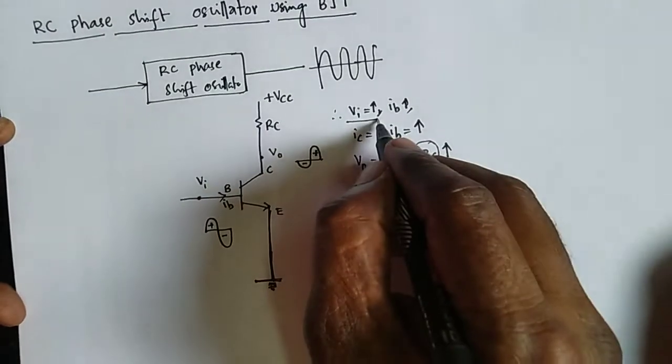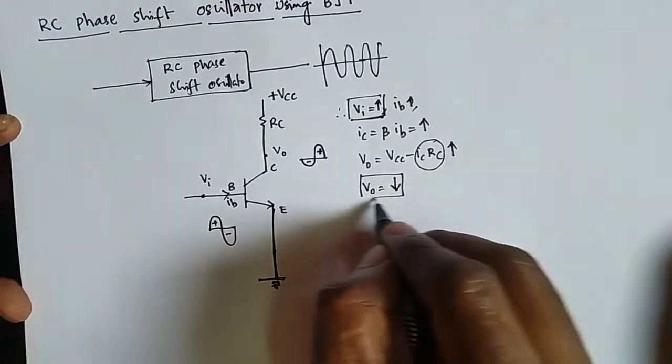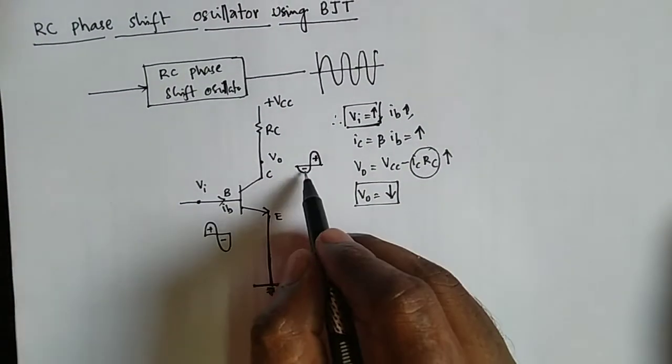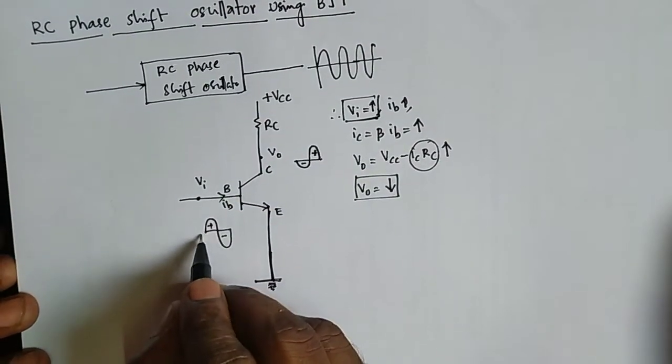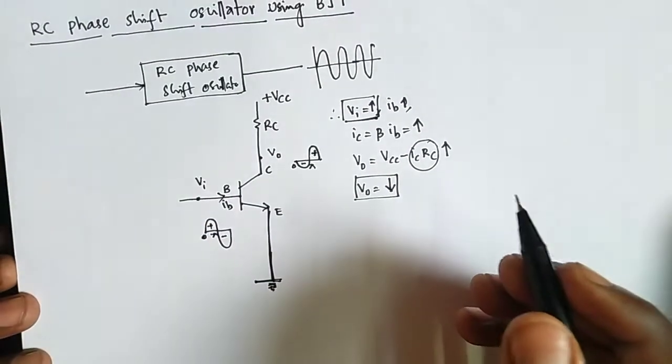So initially VI value increases, V0 value decreases. That is the concept for this. We are applying positive and negative, we are getting negative and positive. So at input stage we are applying positive from 0 to pi, at output we are getting the inverted shape.